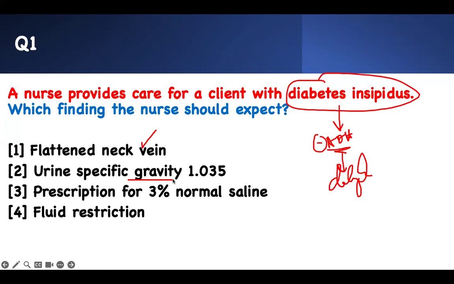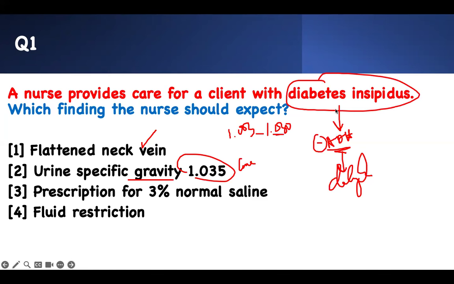Your urine specific gravity is not going to be high. The normal value is 1.003 to 1.030. If it's greater than 1.030, that means it's concentrated.